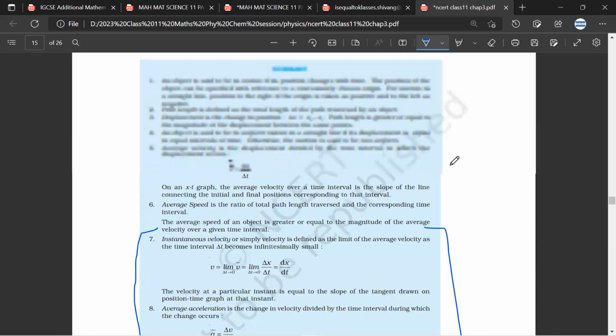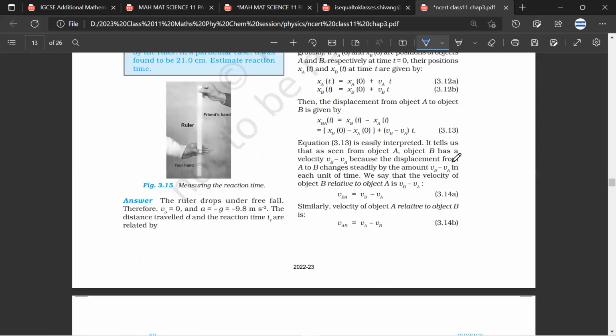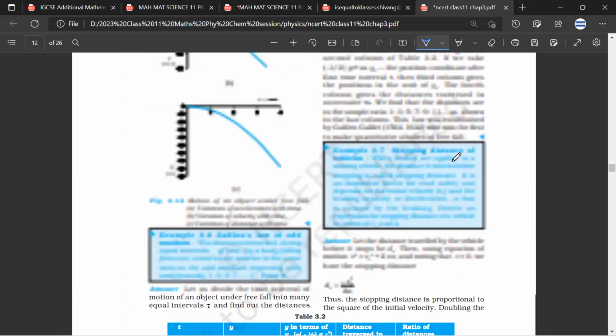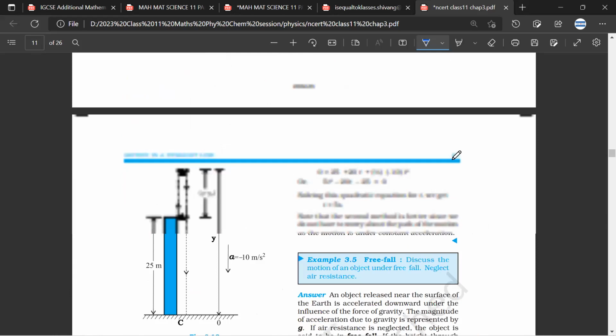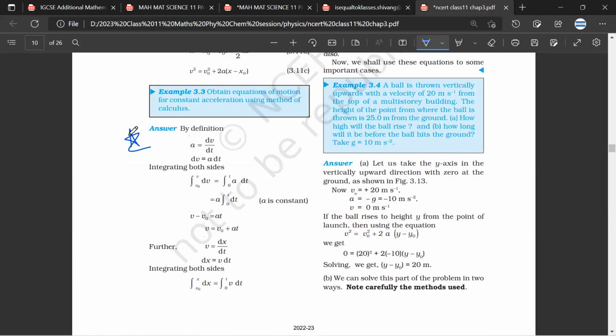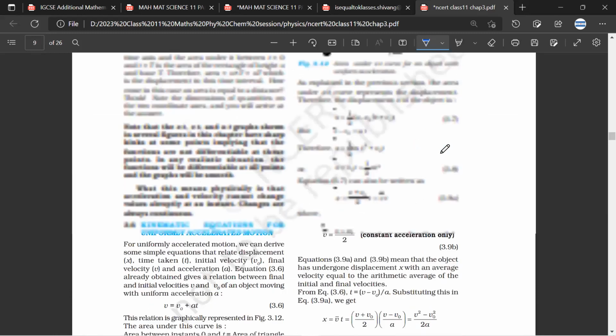Avantika, is it making sense? We will do the numerical application also, but I just want to motivate you so that you know that whatever we are doing right now is part of our syllabus.